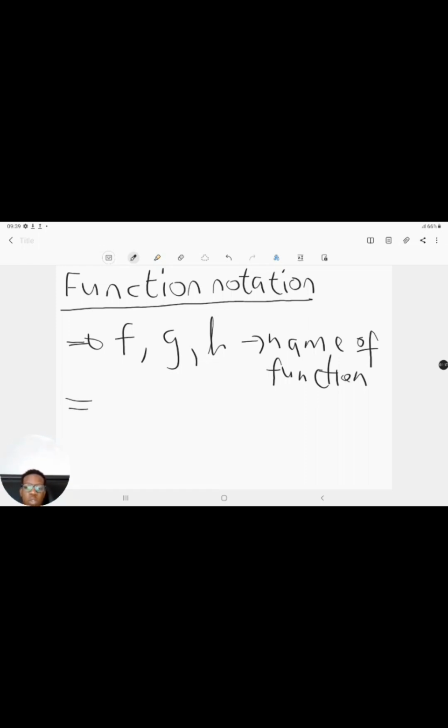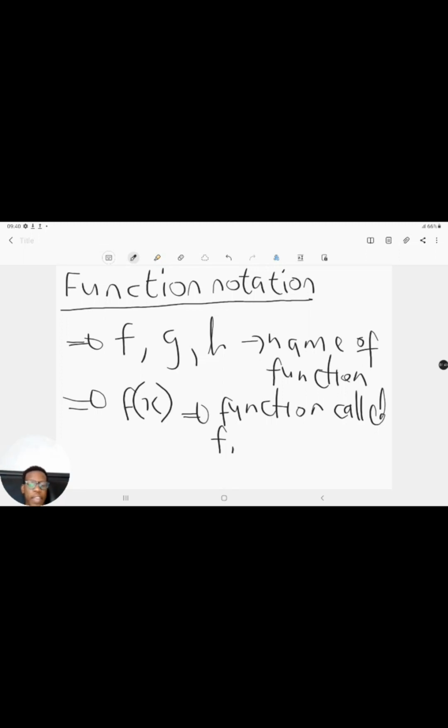And then as soon as you do something like this, now you can have f of x. What does f of x mean? Well, f of x simply means that you've got a function called f, and it is made up of x's, or the variable x.